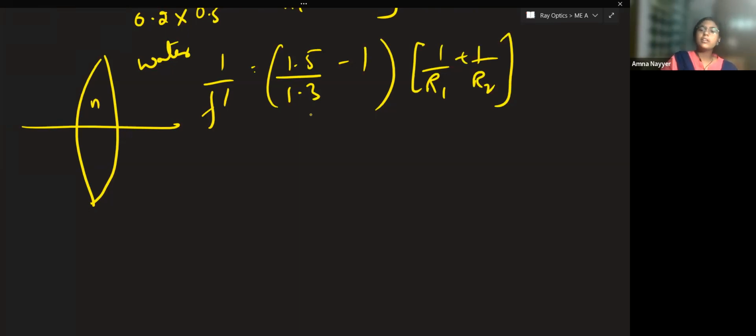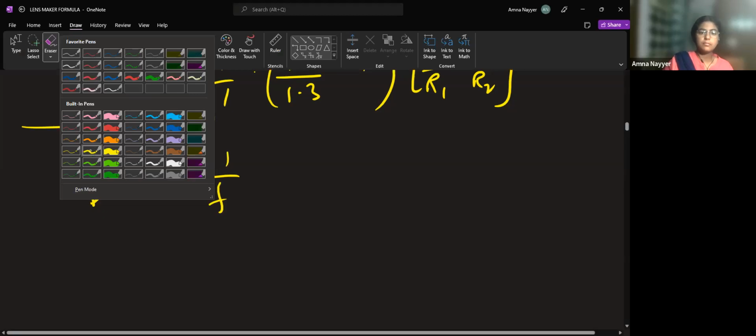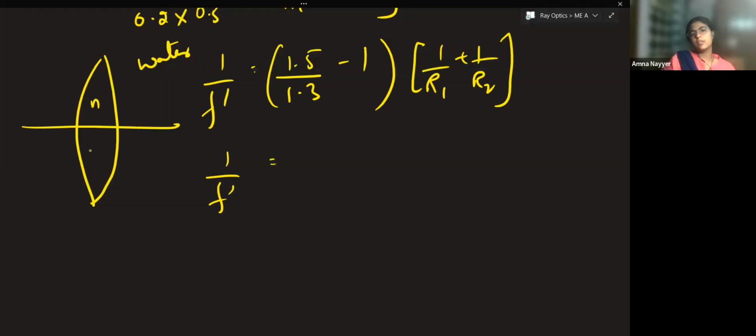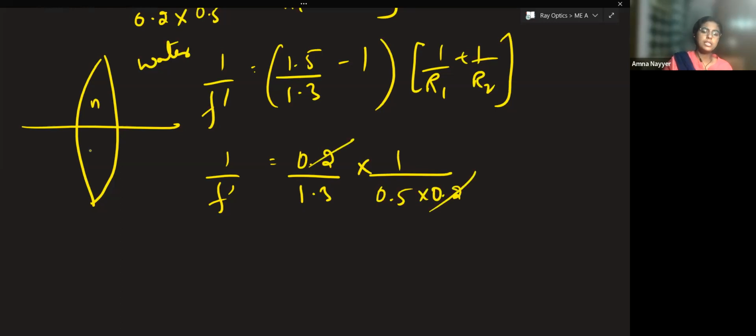So for the radius of curvature sum, you can take it from the above equation that came out to be f not, and f prime I have taken. So this will become 1 by f prime, this is the new focal length. This becomes 1.5 minus 1.3, 0.2 by 1.3, into 1 by R1 plus 1 by R2, which is 0.5, into 0.2, 0.8. 2 gets cancelled.